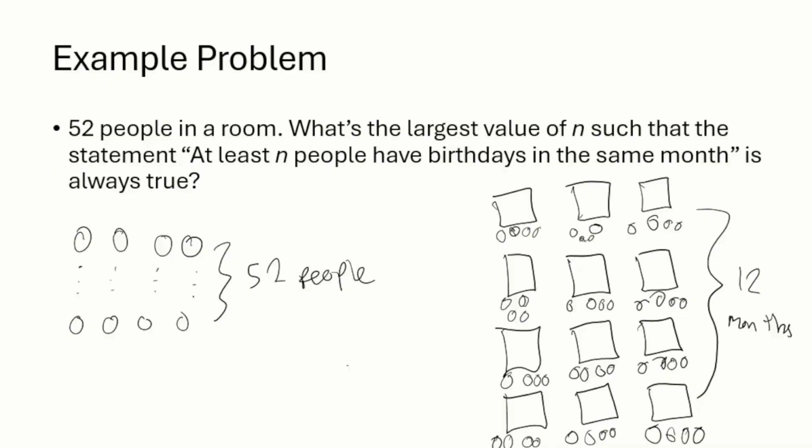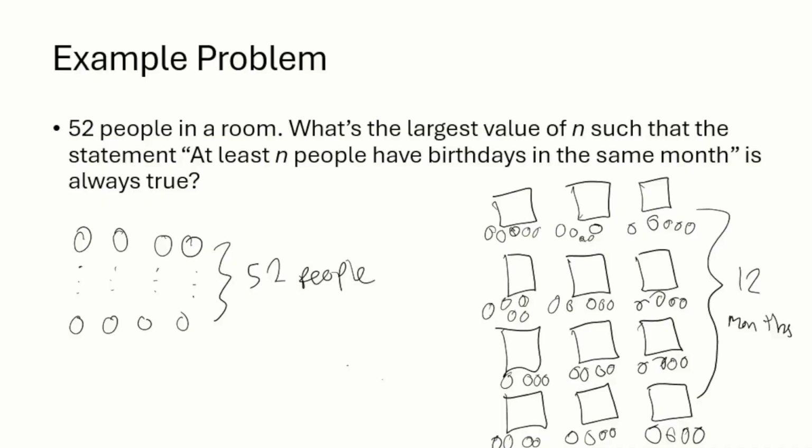So we've just established that when we're trying to minimize crowding, when we're trying to minimize overlap, at least one box is going to have at least 4 people. But this 4 was just 48. Right now we've got 48 people on there. We still have 4 more to go. Now we could put those on 1, 2, 3, 4, and that's how we do it in a way, again, that minimizes crowding.